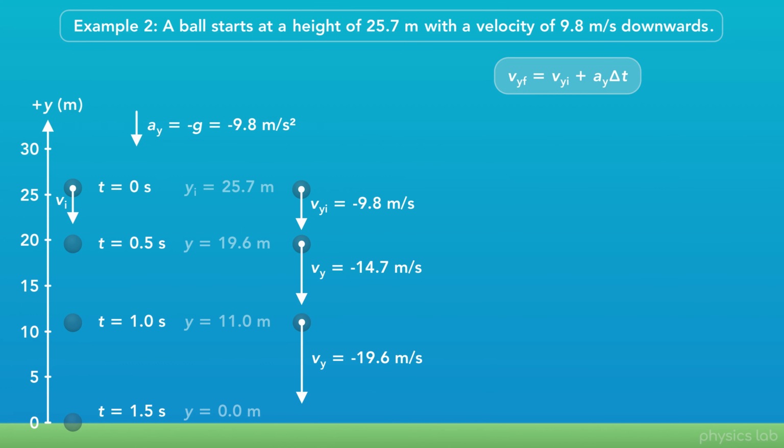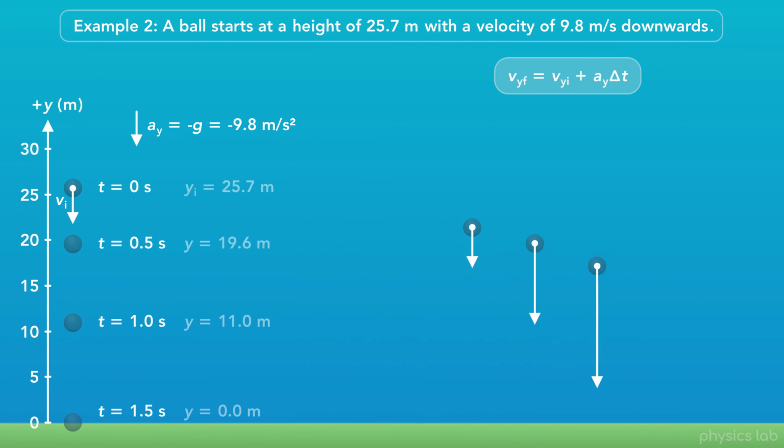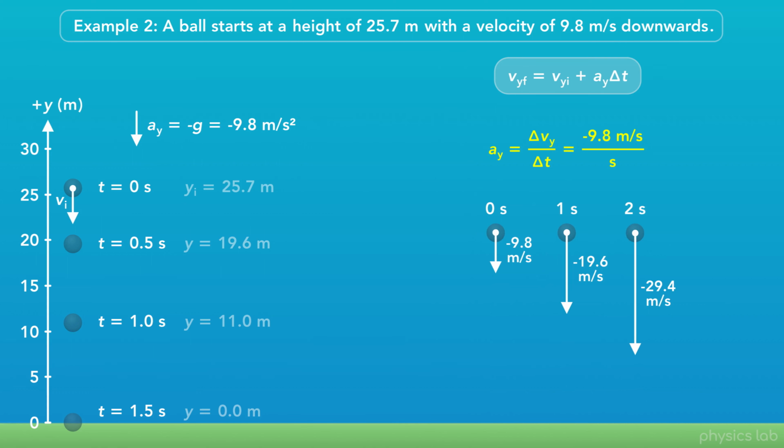The ball starts with a negative velocity, and it accelerates downwards, so it speeds up and the length of the vector increases. Just like in the first example, the velocity at each second is the previous velocity plus the change in velocity due to the acceleration. It doesn't matter what the ball's initial velocity is, it always changes by negative 9.8 meters per second every second.